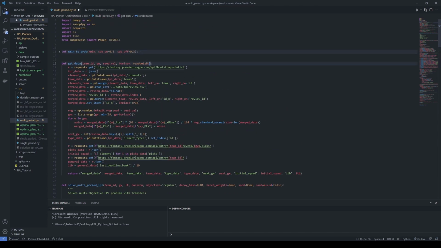Yeah, the way that I've written this section in my model is I've kind of split it into two separate parts. So my solver is an object which has certain attributes such as decay rate and the value of a free transfer and stuff like that.